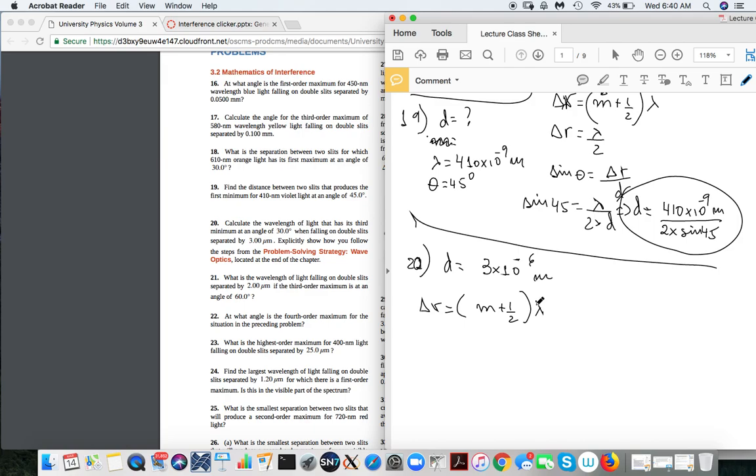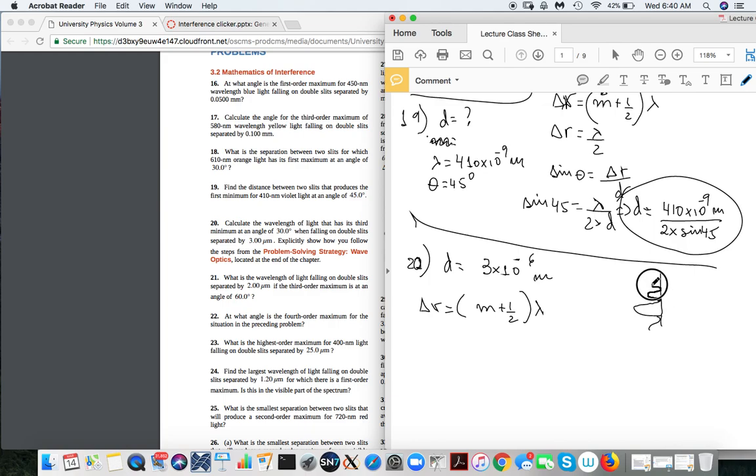That's the confusing part. Third minimum. Okay, third minimum. That goes like this. So this is the first minimum for m equals 0.